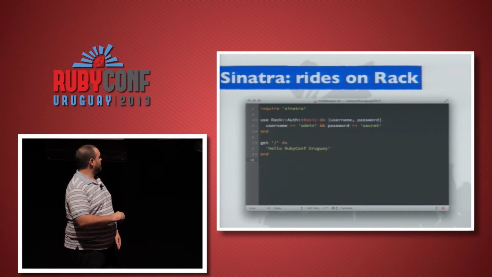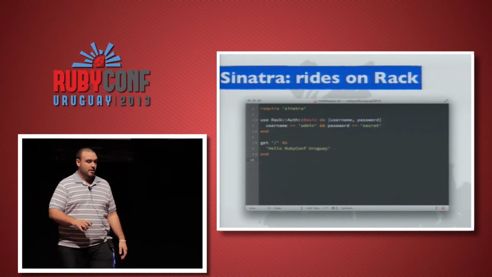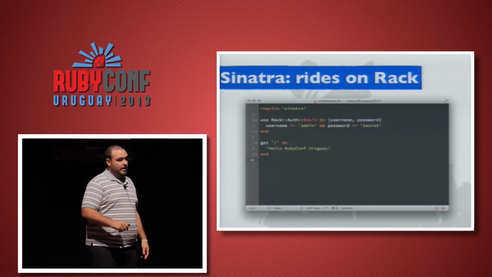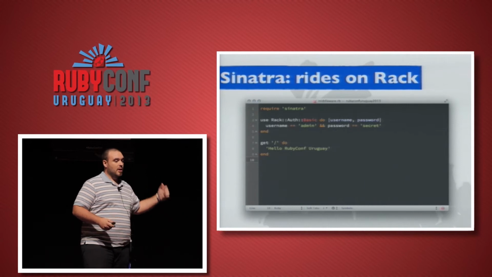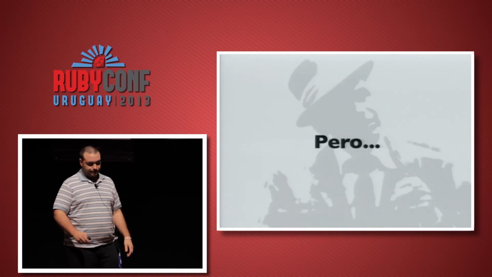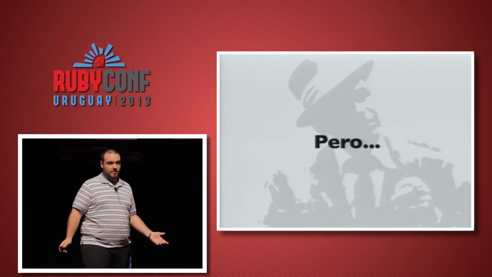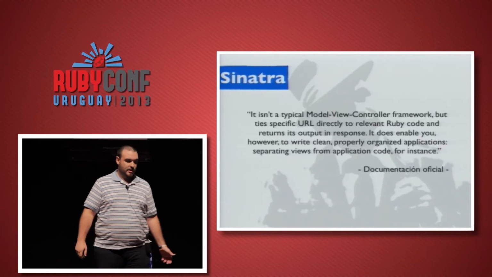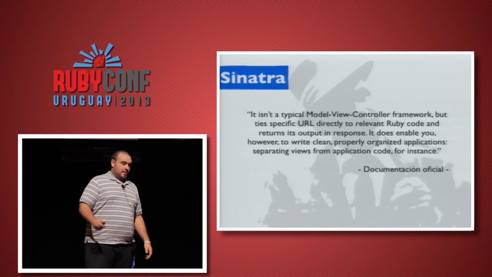In this case, here we are going to define a username that will have a password secret, and whatever we do, for instance, get slash is going to request an authentication. So far, everything is fine about Sinatra. But what happens if we want a more interesting application?